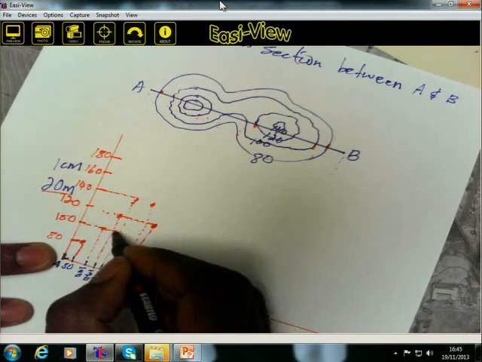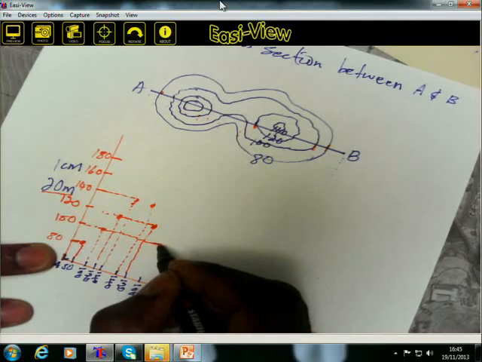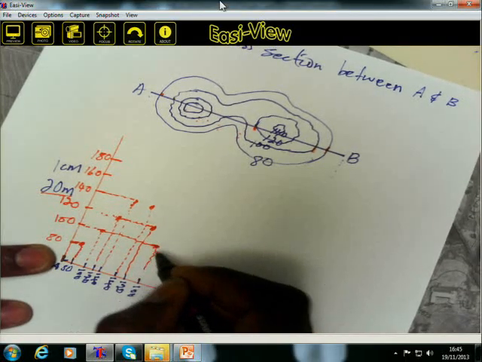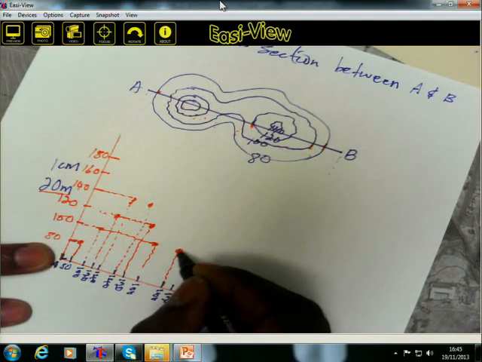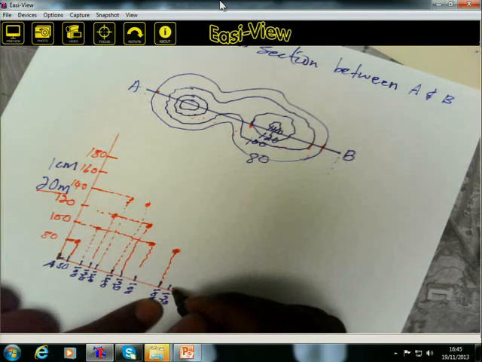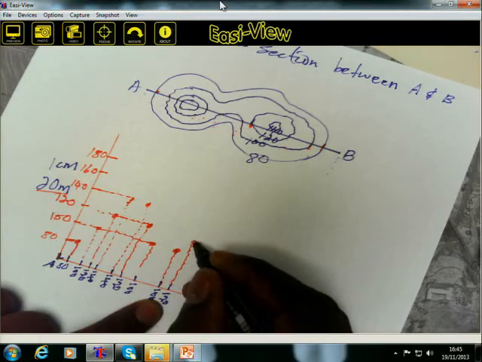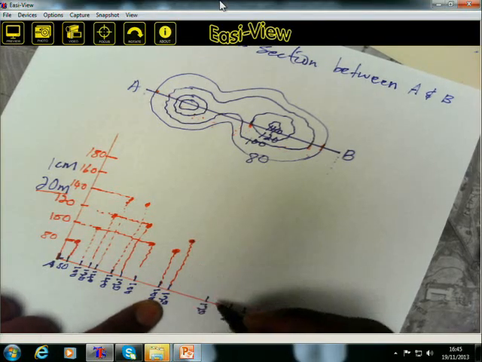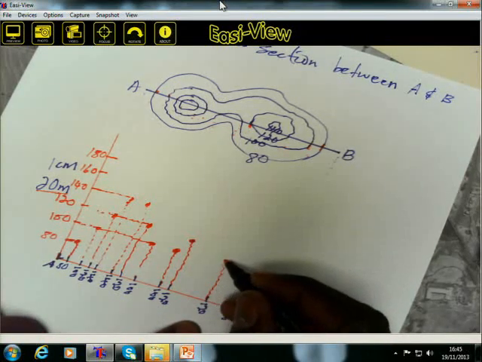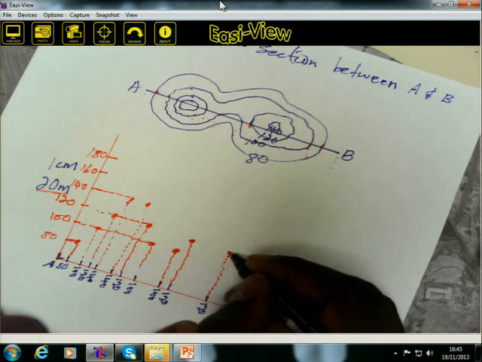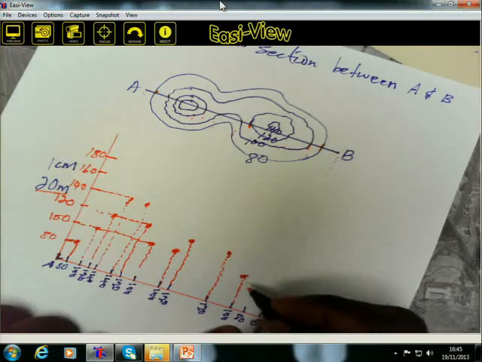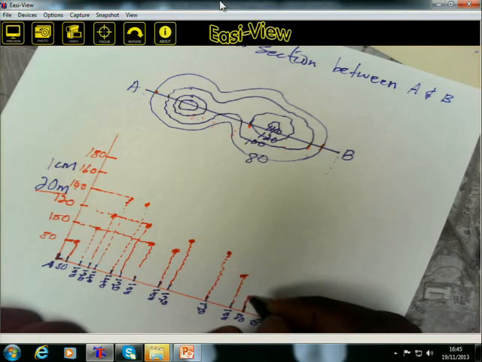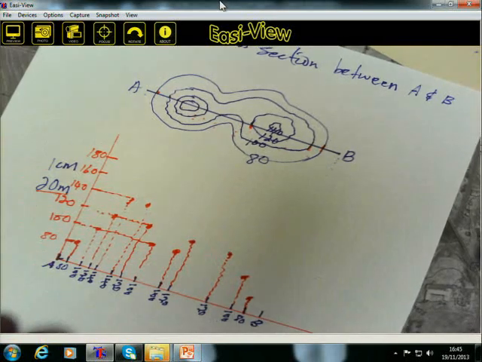Then you've got the 100 line, which is this one. Then you've got another 100 next to the 100 line. Then you've got a 120 line, which will go to 120, and another 120, which will come to 120, and then 100 next to 100. Then the last one will be 80 next to 80.